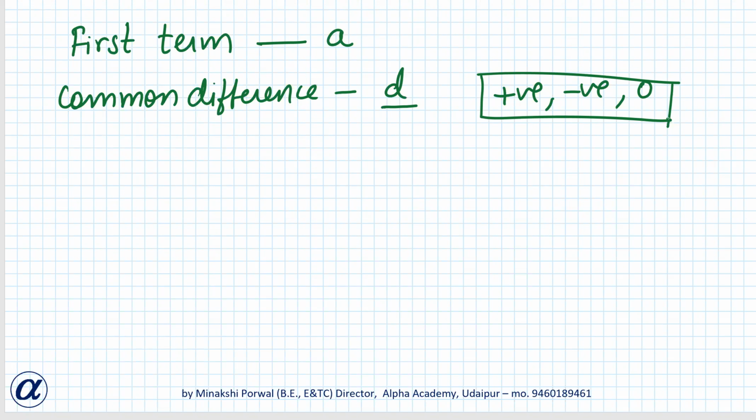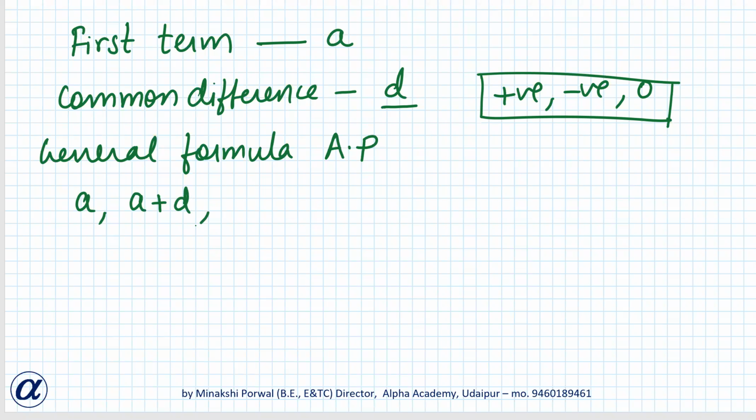Now, the general form of an arithmetic progression, AP being the short form of arithmetic progression, is given by: the first term is a, the next term is a plus d, the next term is a plus 2d, the next term is a plus 3d, and so on. There can be finite numbers in an AP or infinite numbers in an AP. The common difference can be obtained by the second term minus the first term.